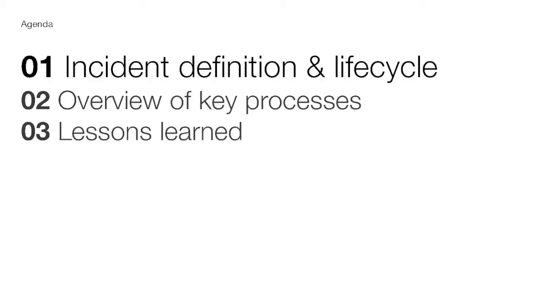The entire talk is divided into three portions. Before I delve into the actual processes, which is the primary focus of this talk, I will talk a little bit about incident definition and lifecycle, where I will try to explain what exactly incident means for Uber and how we process incidents from end to end.